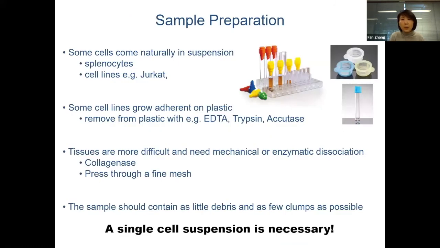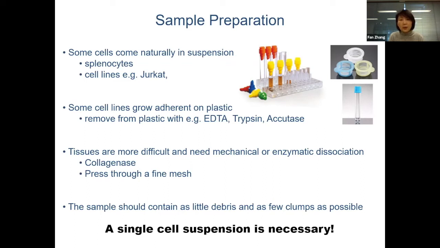So sample preparation is key to getting good data. A single cell suspension is necessary in flow cytometry analysis. Some cells come naturally in suspension, which will be easier to handle. Some other cell lines grow adherent on plastics, so we need to dissociate these cells with appropriate reagents.